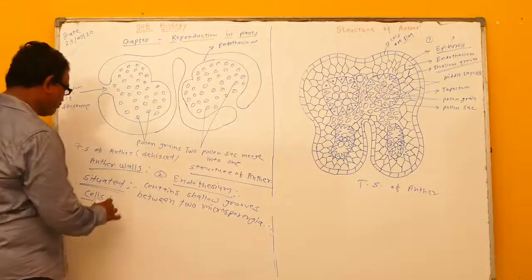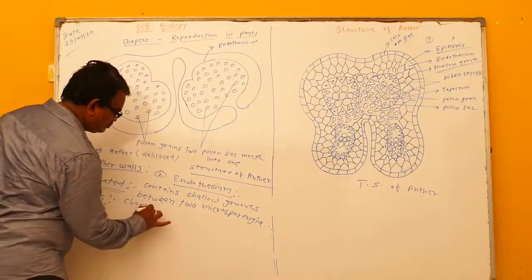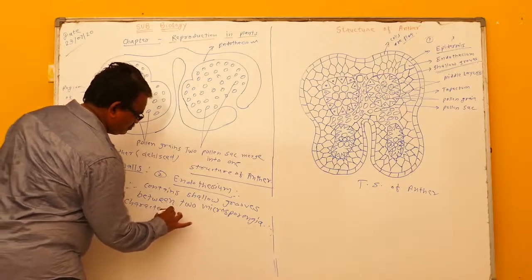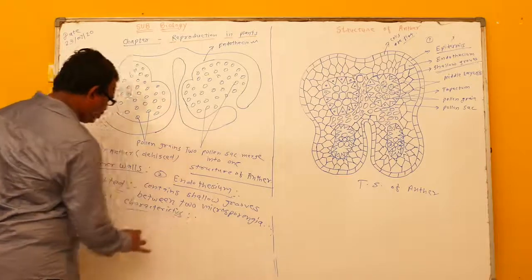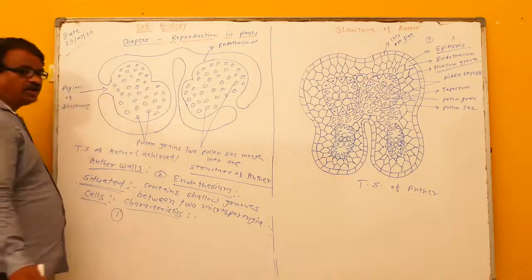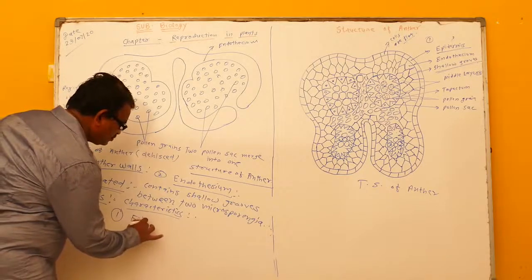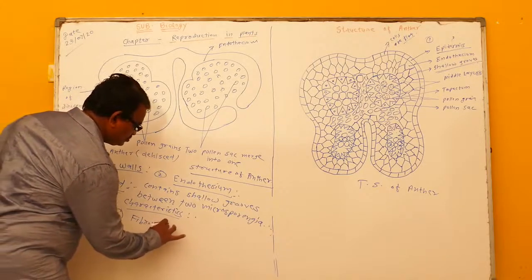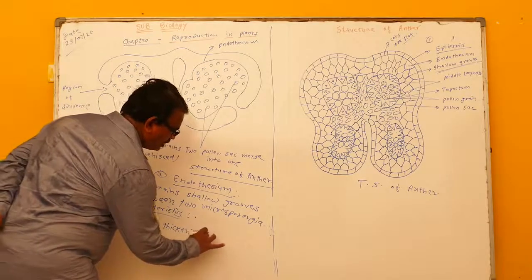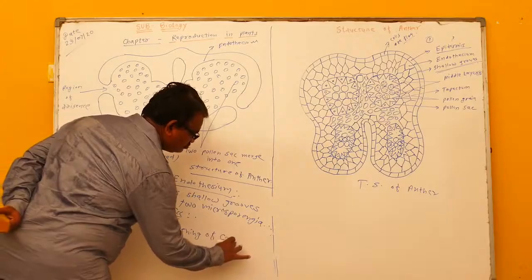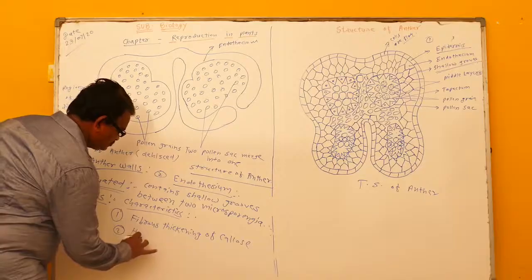The cells have a special characteristic. One is that it is made up of fibrous thickening of callus, and it is hygroscopic in nature.